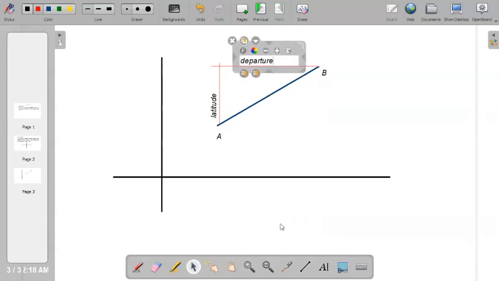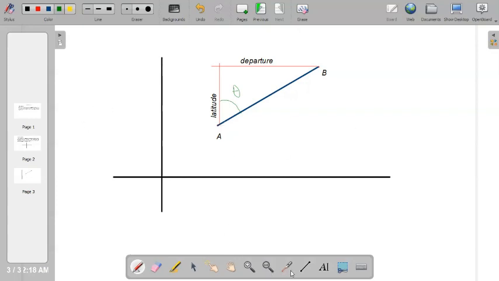And the bearing of this line, usually we denote as theta. This is the bearing of the line, the angle, the direction of your line.